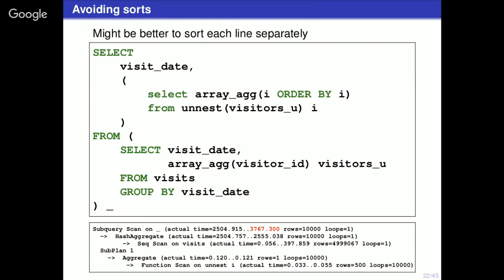You can aggregate them in any order, and in the outer query, sort only the results. You see, sorting is a non-linear operation. It is O(n log n), so it is cheaper to sort several small arrays than one large. And here we can use hash aggregate for aggregation.